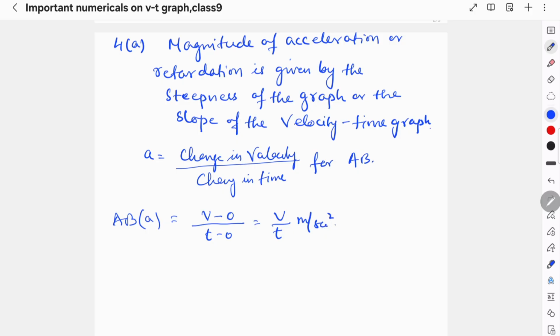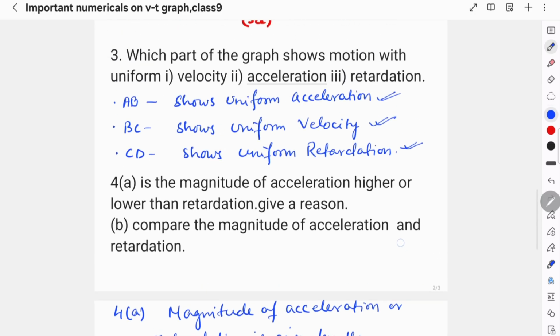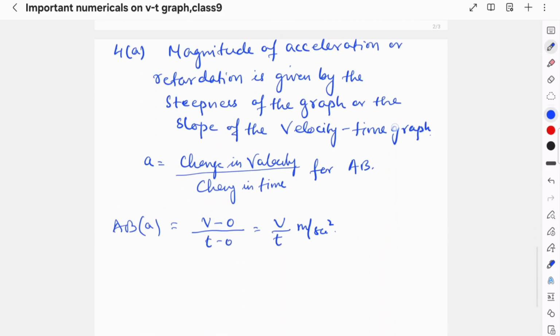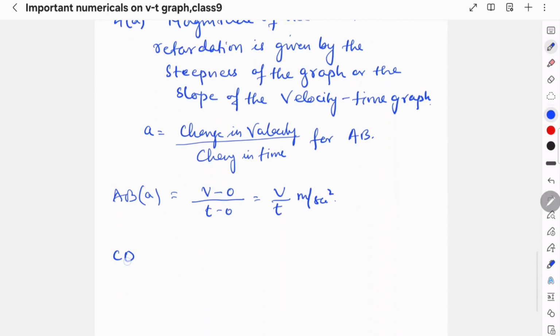Now see the retardation part. So retardation part is CD. So CD is the retardation part. So again we have to find the change in velocity by the change in time.